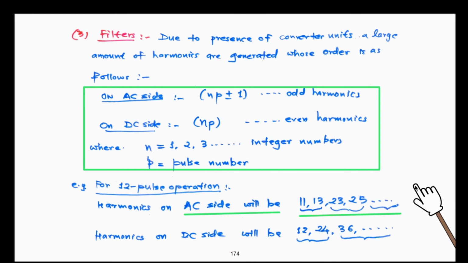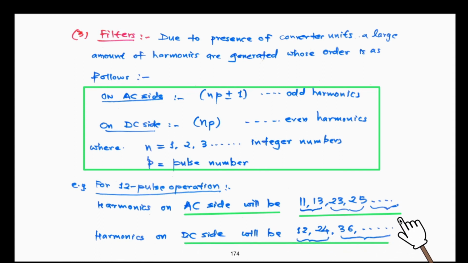on the AC side of the converter, right? Similarly, on the DC side, only even harmonics are present. They have the order of NP, where P is the pulse number, equal to 12, and N is an integer. So correspondingly, on the DC side for 12 pulse operation, the order of harmonics present will be 12, 24, 36 and so on.